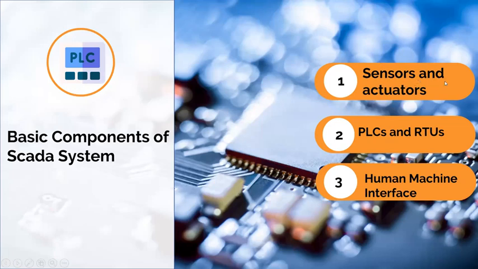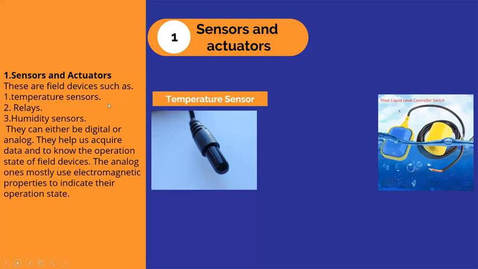One, we have sensors and actuators, or the field devices. Also, we have PLC or RTU, and I will define these components. Also, we have a human machine interface. So let's go and define each part.